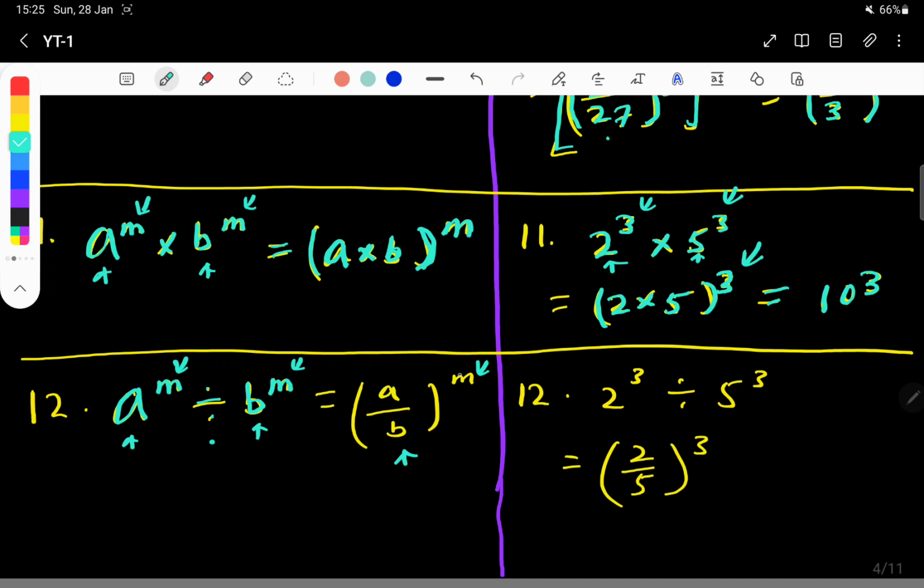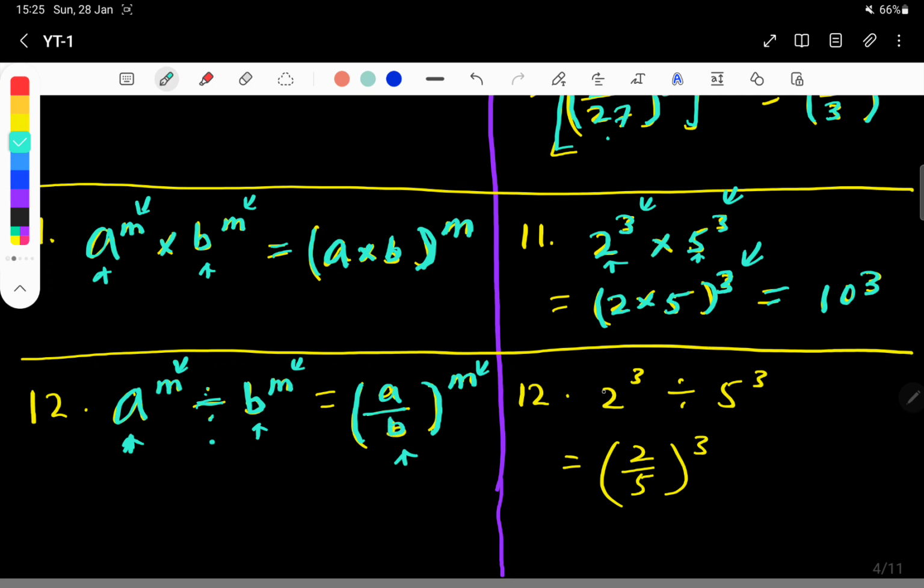So the power of m will remain the same. Open one bracket, then a, divide means fractions, right? Divided by b. So this is how we do it.